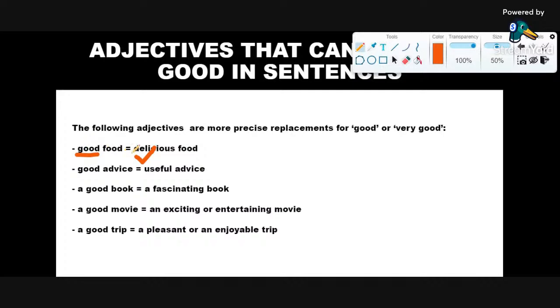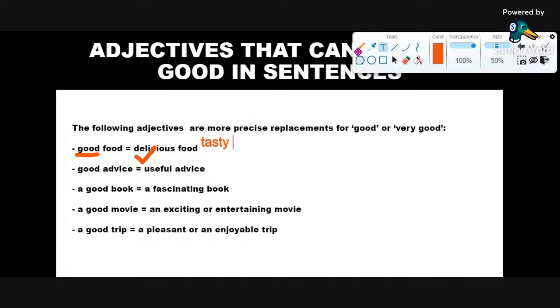All right, so there are different, more precise replacements for good or very good. For example, if we are talking about the taste of the food, we could even say that the food is tasty.